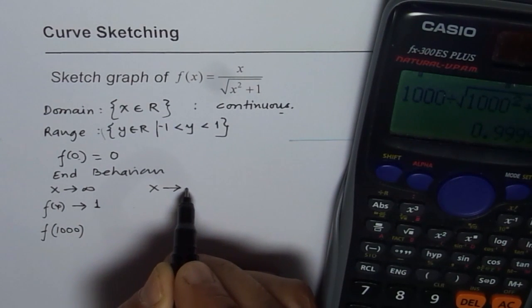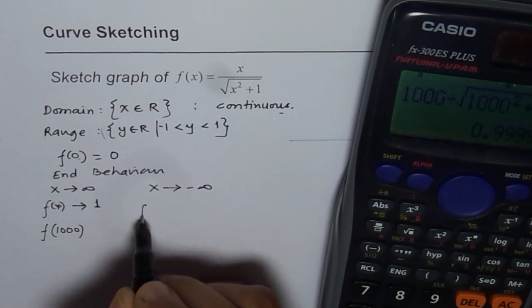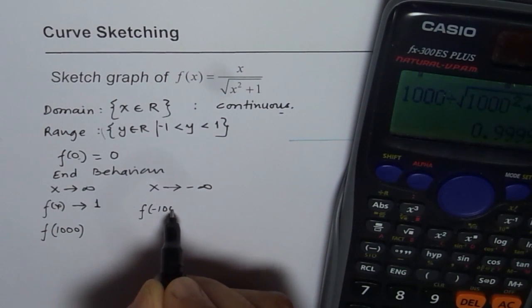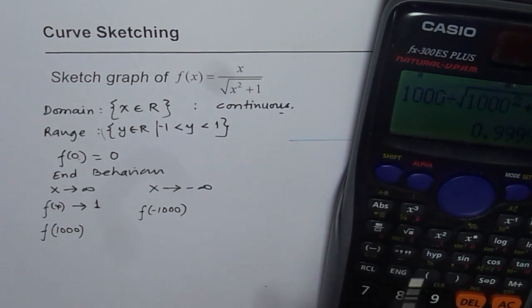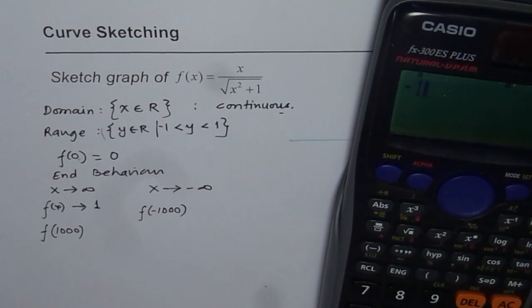What happens when you're approaching negative infinity? For that, we can try to find the value of f of minus 1000, right? This time, let me again calculate the value, and I will put minus 1000 on top, and then divide by the square root of minus 1000, within brackets, squared plus 1.